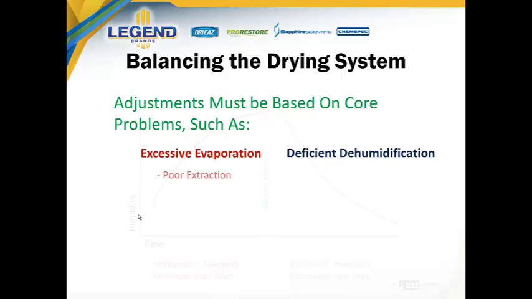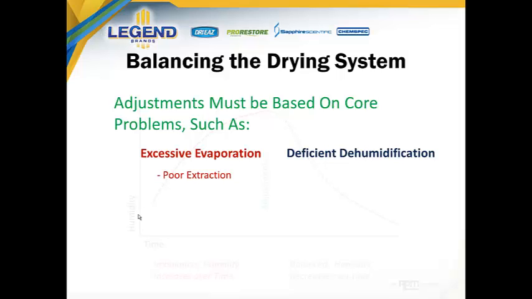On the excessive evaporation side, let's say the reason your humidity spiked above 60% is because we did not extract the loss properly. I've personally accidentally left the dump valve, the discharge valve, open on my portable flood extractor a couple of times after dumping the extractor, and then forgot to close it. You're not going to get a very good extraction when that dump valve is still open, sucking in a bunch of air.